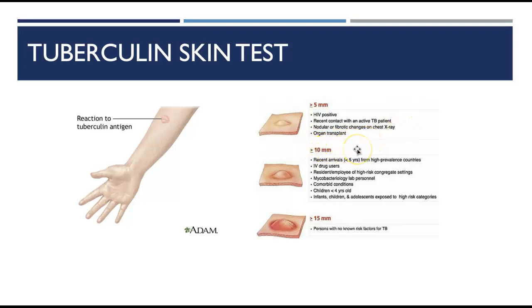Greater than or equal to 10 millimeters is recent arrivals from high prevalence countries, IV drug users, residents or employees of high-risk congregate settings such as jails or nursing homes, people who work in the lab with mycobacteria, comorbid conditions, children less than 4, and infants, children, and adolescents exposed to high-risk categories. And then for healthy individuals, it's going to be greater than or equal to 15 millimeters.